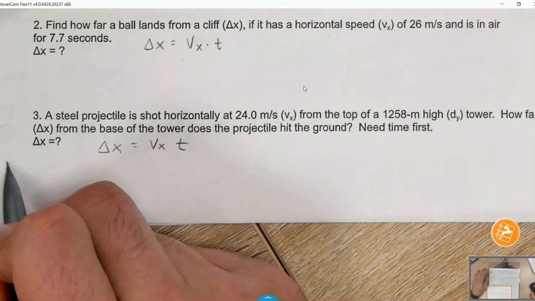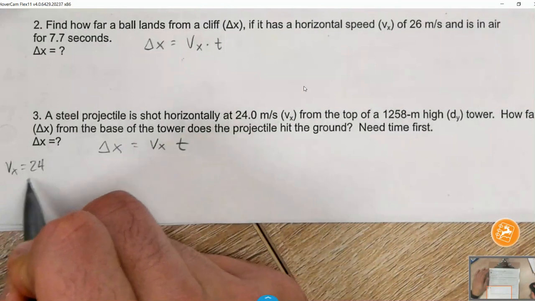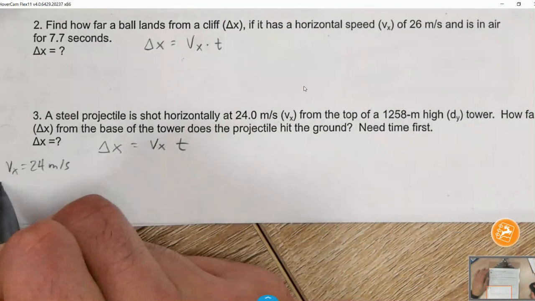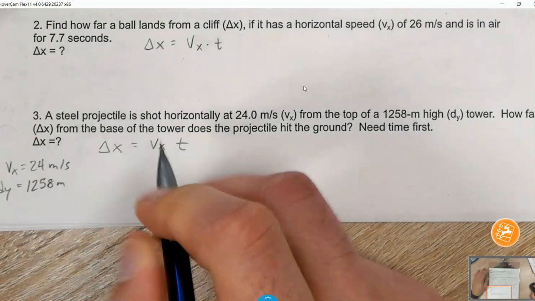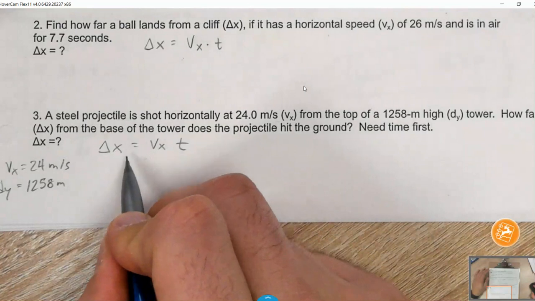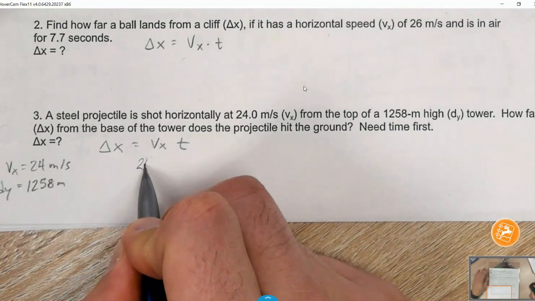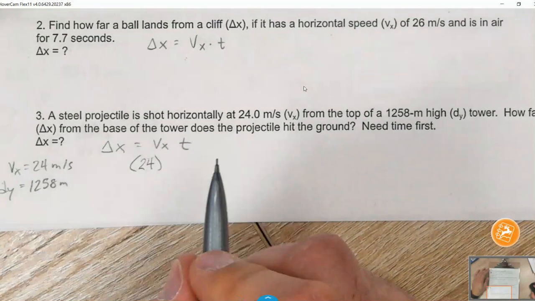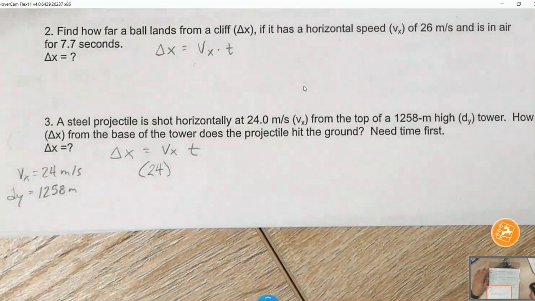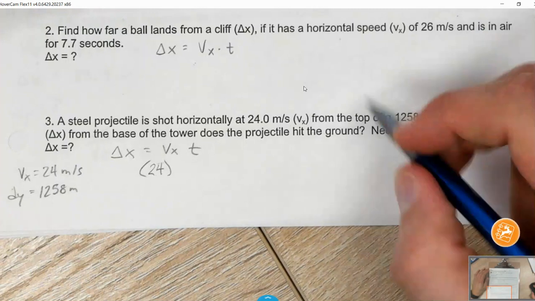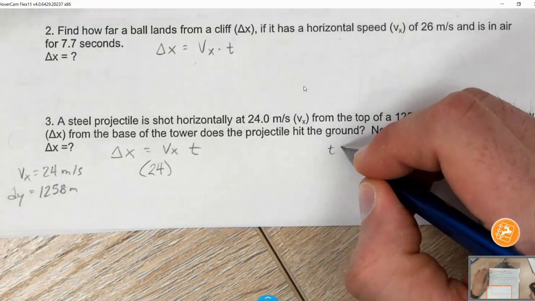I'm given vx is 24 meters per second, and a height of 1,258 meters. So I can put 24 under vx, but I can't do anything yet because I don't have time. If you're given height, you can find time. So we've got to do a little side quest.